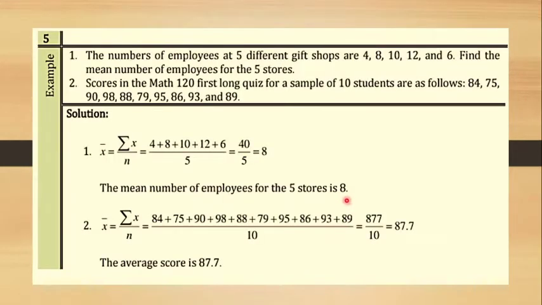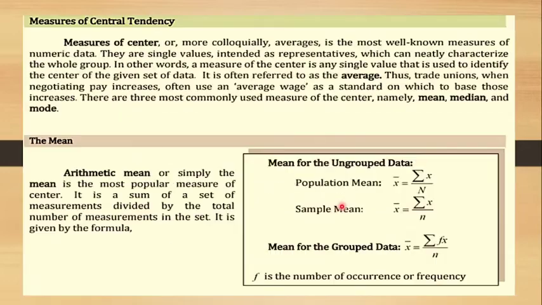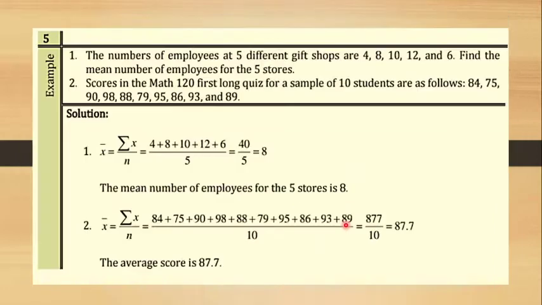So, the population mean, sample mean, the sample mean. So, yung X dito is ito, 4, 8, 10, 12, and 6. So, substitute mo lang dito, summation, ibig sabihin, i-add mo lang yung mga X, ano? Itong lahat, i-add mo lang.